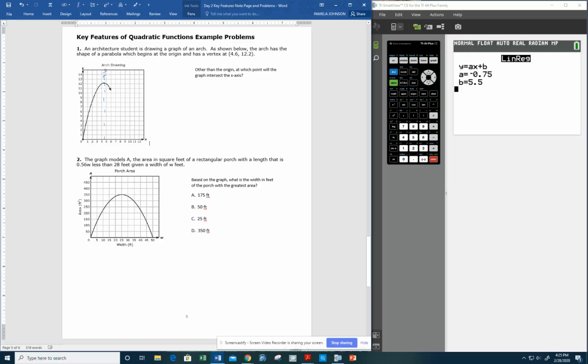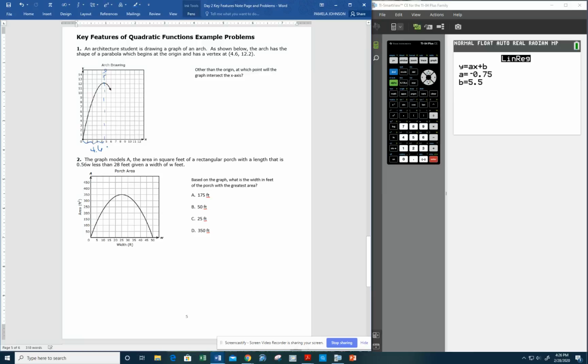If you recall, we've talked about the axis of symmetry is called that because everything around it is symmetric. All the points on each side are going to be the same distance from the axis of symmetry to the parabola. So from our first x-intercept to our axis of symmetry, it is a distance of 4.6.